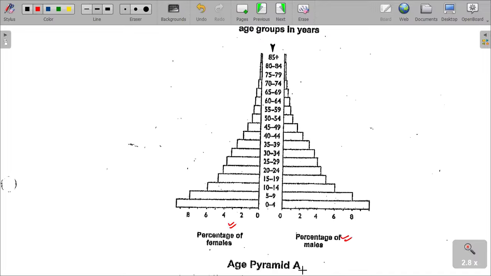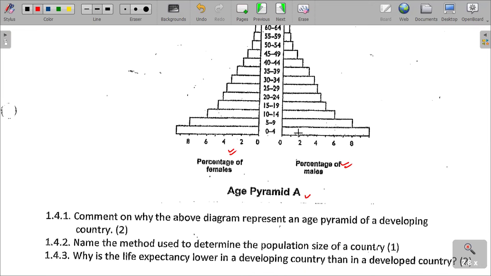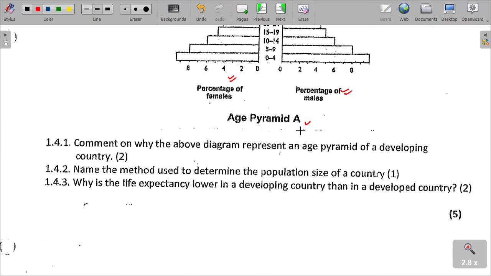Let's check the question: comment on why the diagram represents an age pyramid of a developing country. I'm sure we have had a similar question in the previous section.